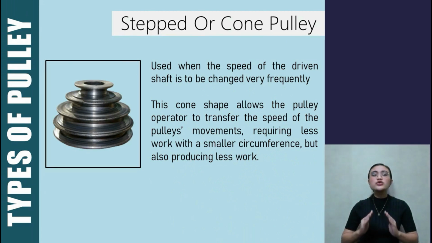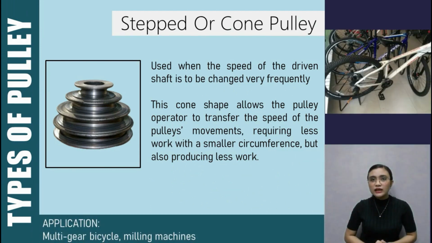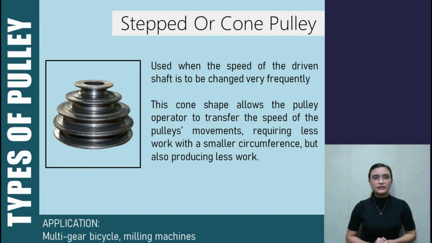As you go up, the circumference gets smaller, but it produces less work. It has integral casting, having three or more pulleys with different diameters, in a cone shape. Common applications of this type of pulley are a multi-gear bicycle and a milling machine.